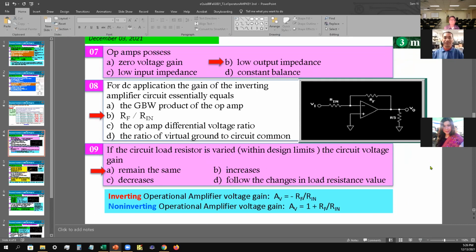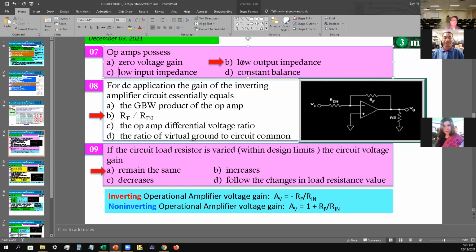Okay, so number 7, op-amp possesses, well, they do not have a 0 voltage gain, they do not have low input impedance, they're supposed to have high input impedance. They're not constant bandwidth.